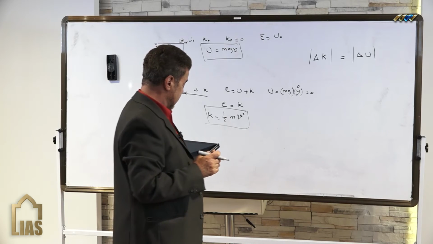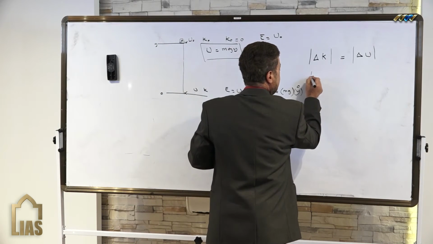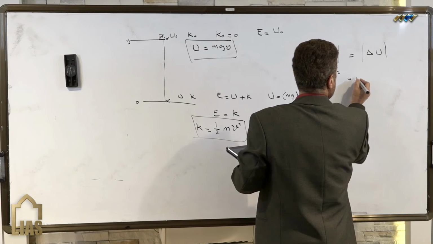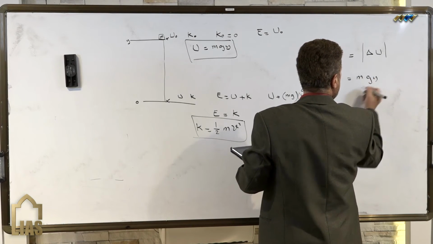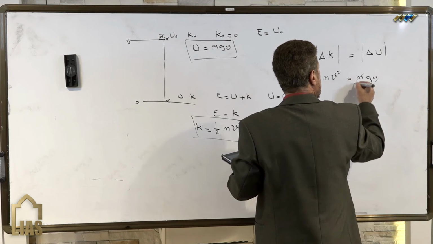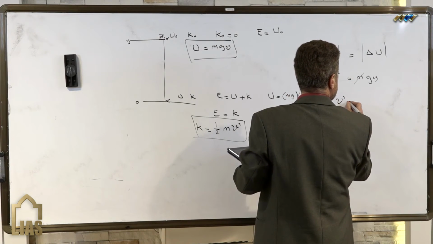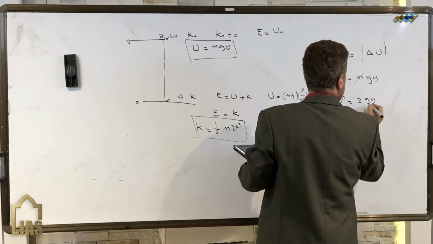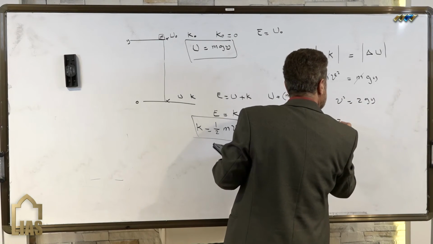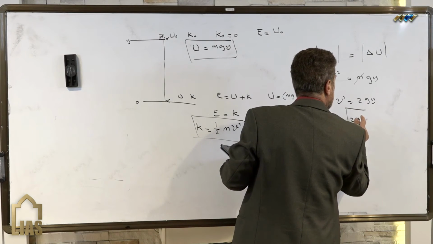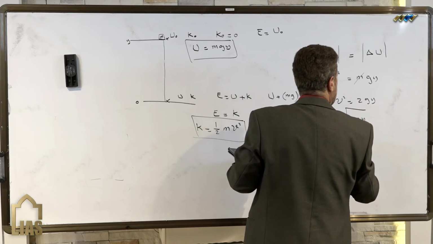And we have here, it's half mv squared is equal to mgy. And m goes with m, and v squared is equal to 2gy, and v is equal to square root of 2gy. Okay?